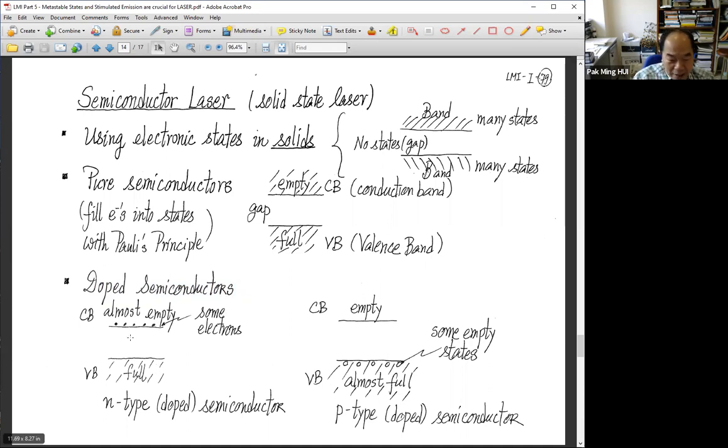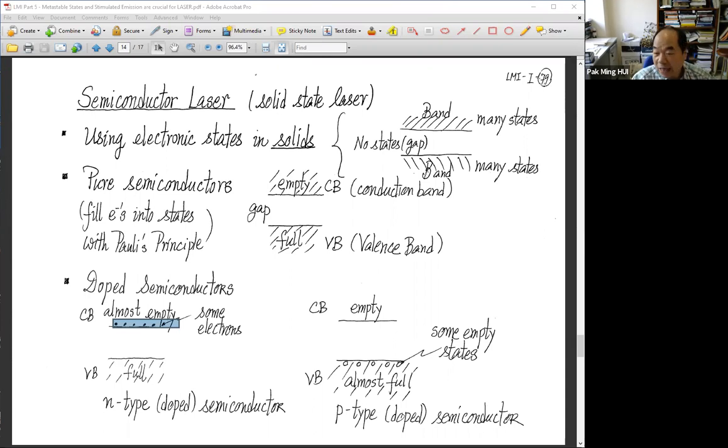One way is to add some extra electrons into the otherwise empty conduction band. That is called n-doped semiconductor. An example is to put phosphorus impurity into silicon.